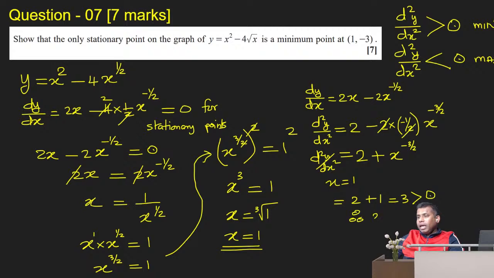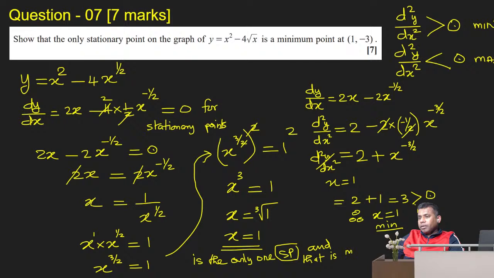Therefore, x equals 1 is a minimum, right? So we have shown that there is only one stationary point, x equals 1, and that it is a minimum.